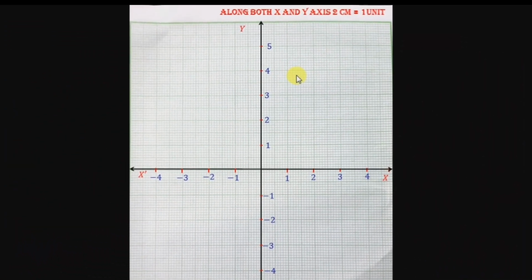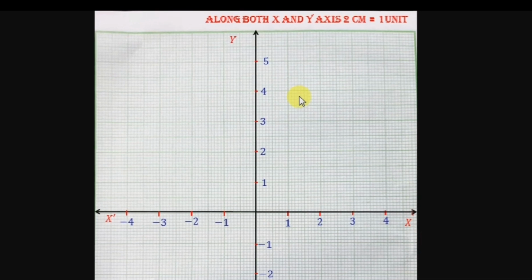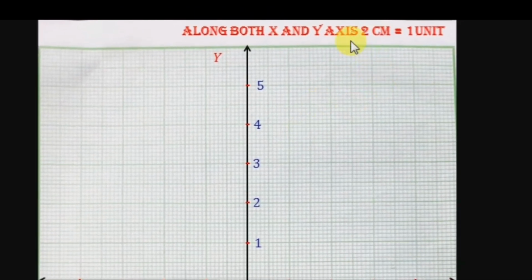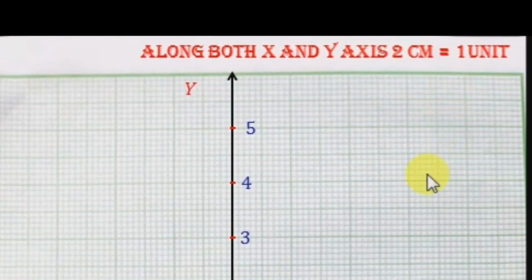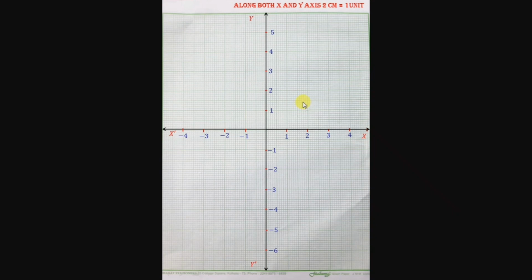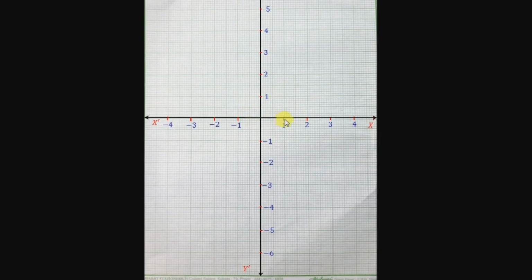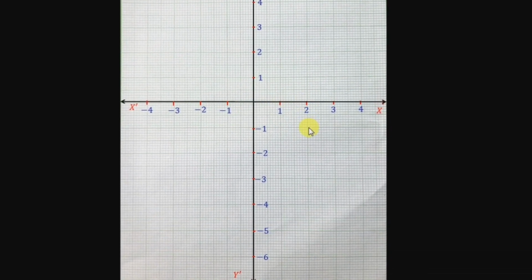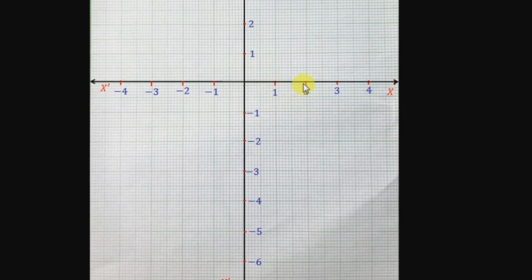Here scale is not given, so we'll take along both x and y axis 2 cm equals 1 unit. If the numbers are 6, 7, then we'll take 1 cm equals 1 unit. But if we have small numbers up to 4, 5, then we'll take along both axes 2 cm equals 1 unit.